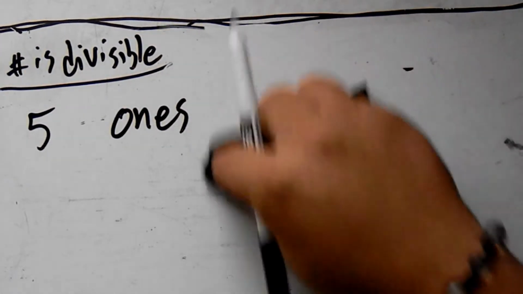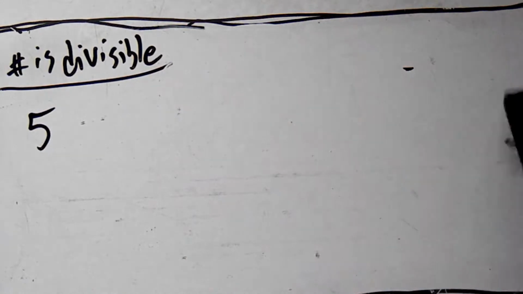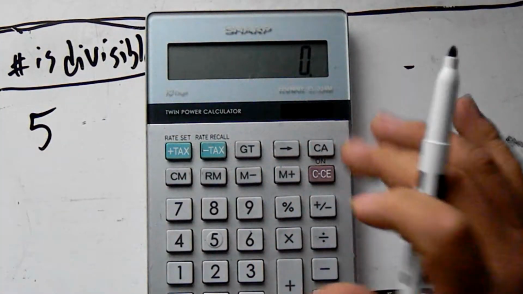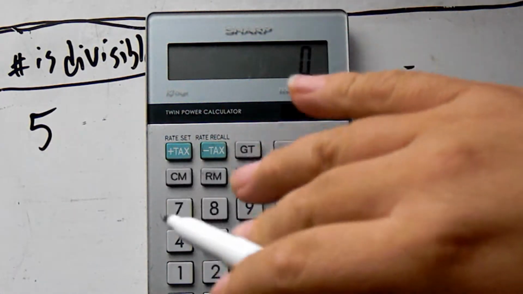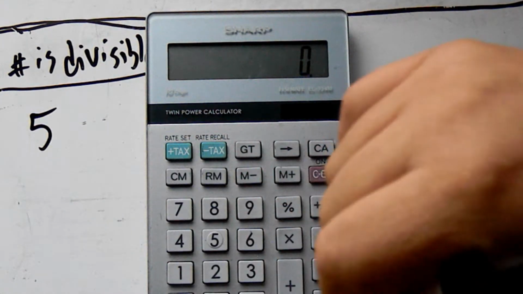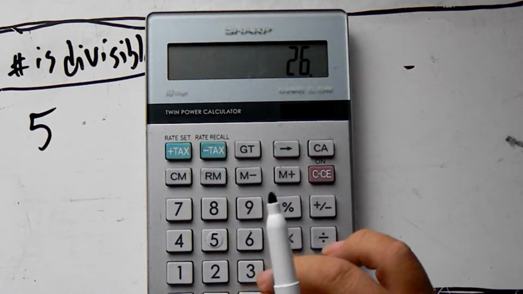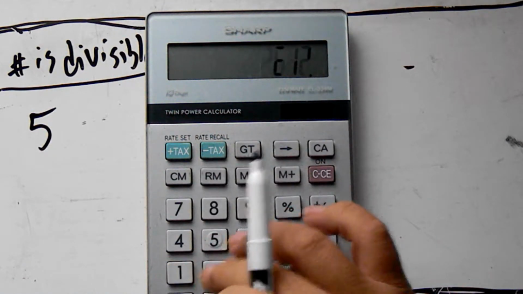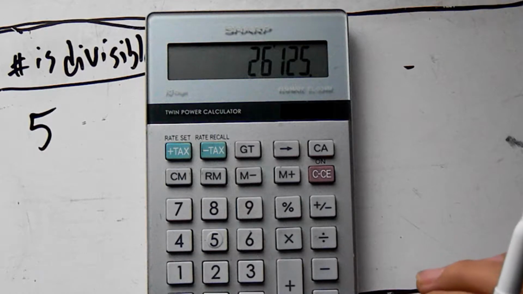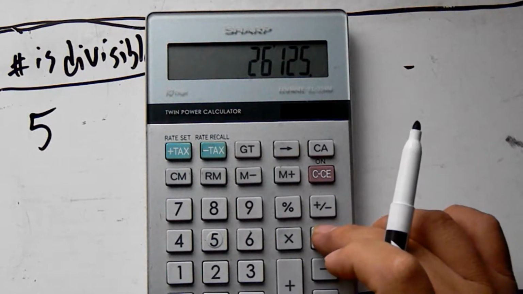So let's look at bigger numbers. Again, the rule is that if the number in the ones digit is 0 or 5, then, for example, 26,125 should be divisible by 5.